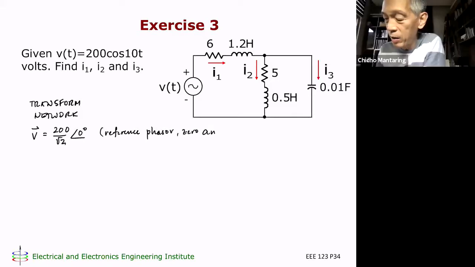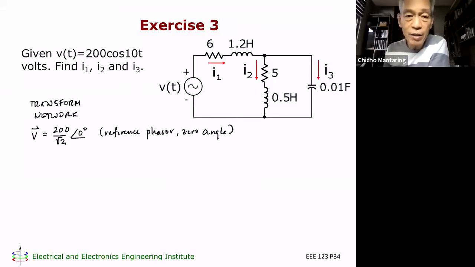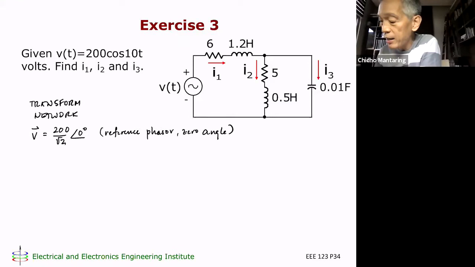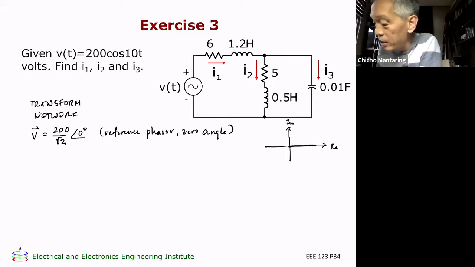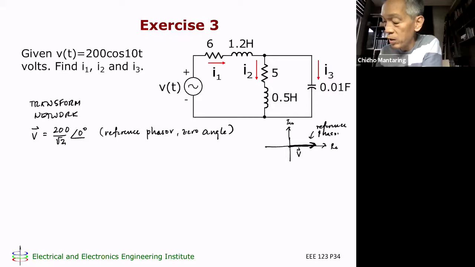It becomes the reference phasor because, if this is its real part, where is its imaginary part on the phasor diagram? We talked about the phasor diagram. A phasor diagram is a snapshot of the phasor at t equal to 0. Its position is here. So this is V, our reference phasor.